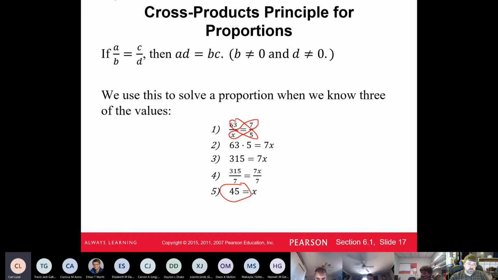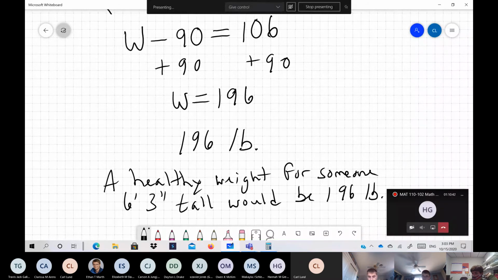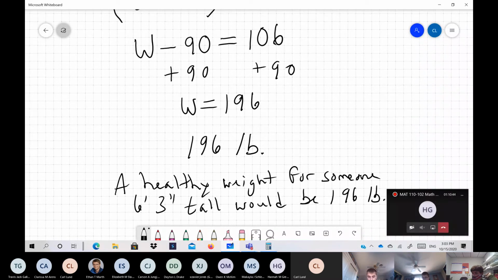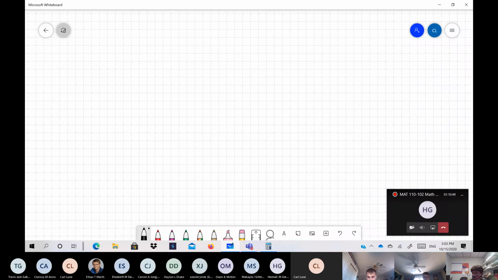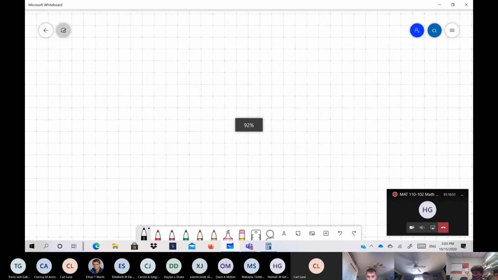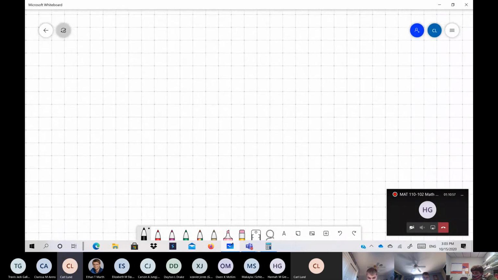So let's do some examples with proportions. I'll start with an easier one, and we'll do some harder ones.